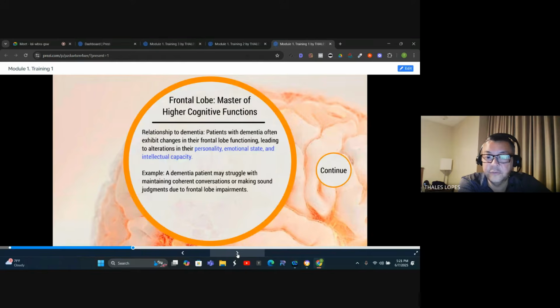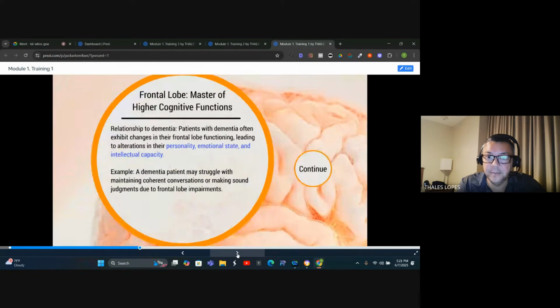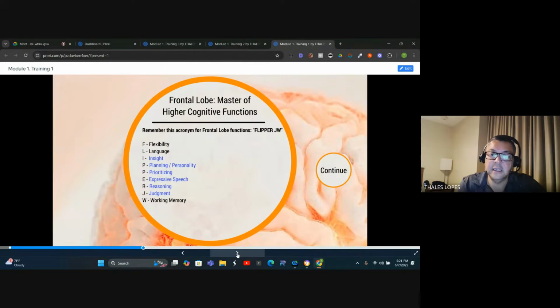Please know that patients with schizophrenia, one of the hallmarks is abstract thinking, the ability to think in an abstract manner. For example, what does it mean if you live in a glass house, you shouldn't throw rocks? Or what does it mean if the grass is not always greener on the other side of the fence?